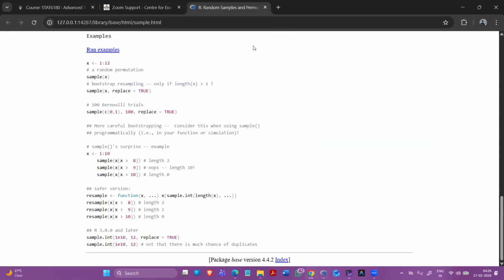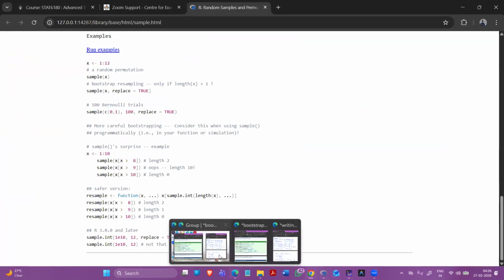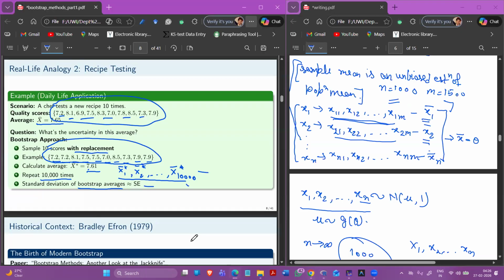And after that, I will find out the standard error of those 10,000 sample averages.